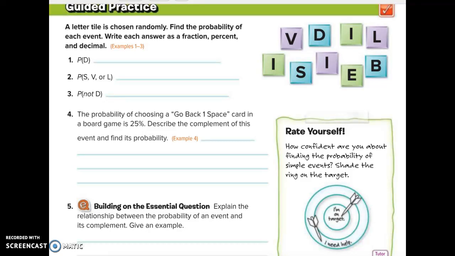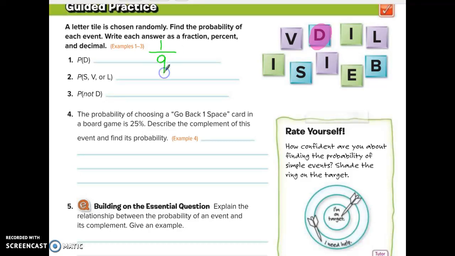So at the top of the page it says a letter tile is chosen randomly. Find the probability of the event. Write the answer as a fraction, percent, and decimal. So you can see over there we have those tiles, and we need to find the probability of selecting D. So I have one tile right here that I can select D. So I have 1 out of my total, which is 1, 2, 3, 4, 5, 6, 7, 8, 9.